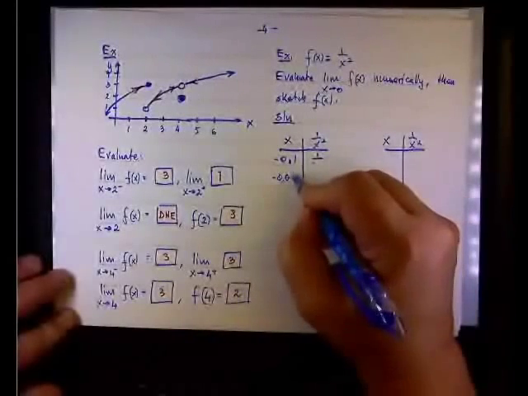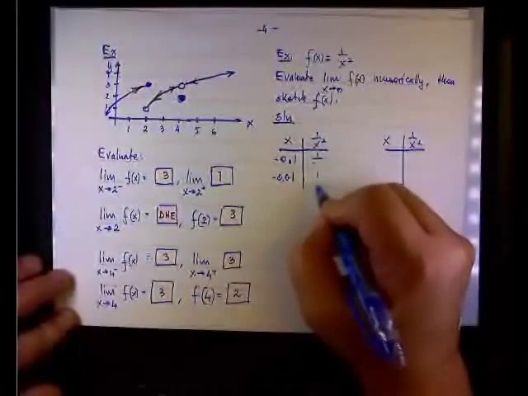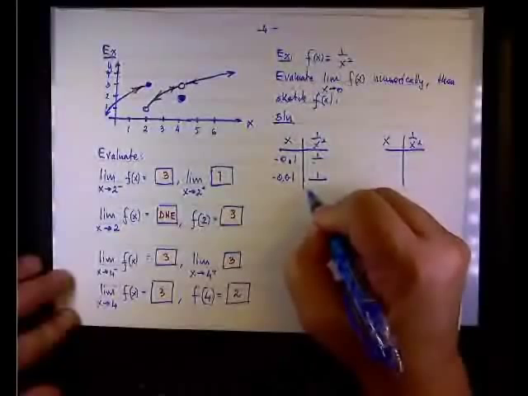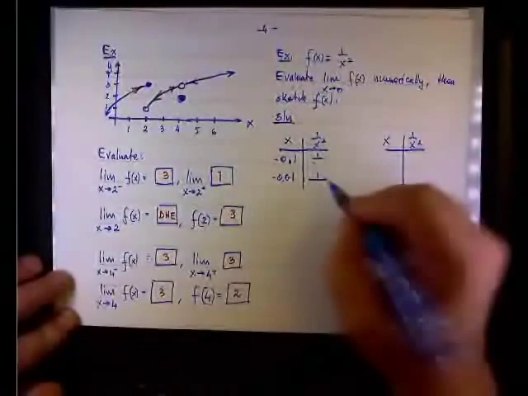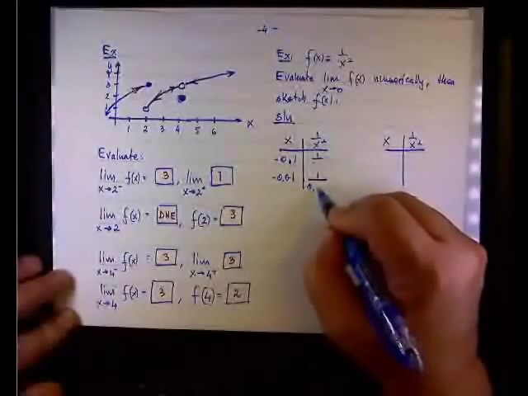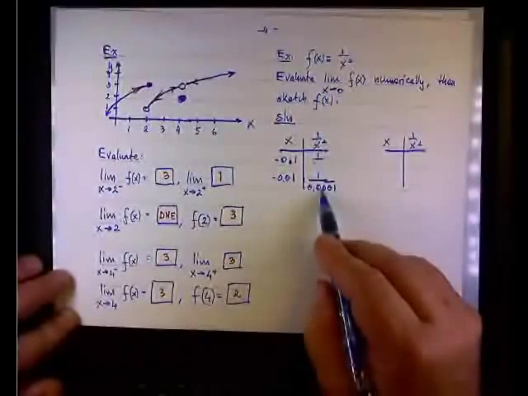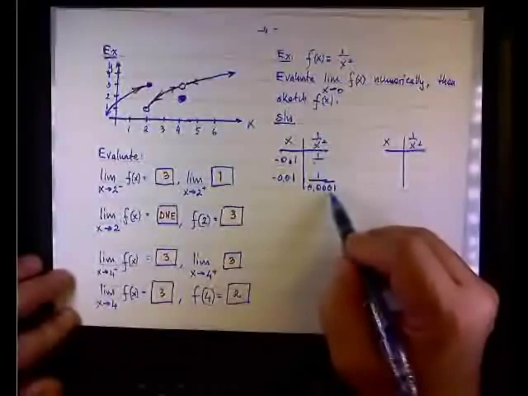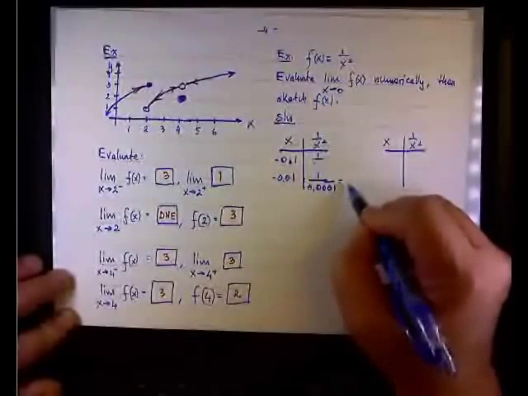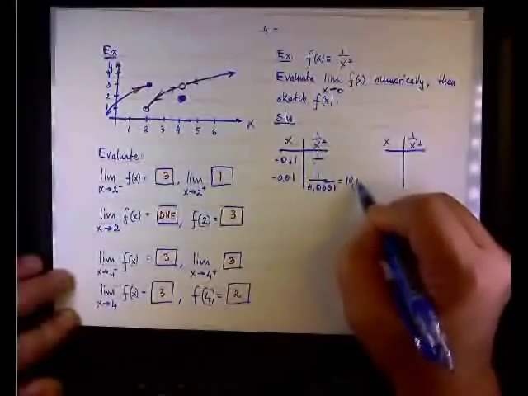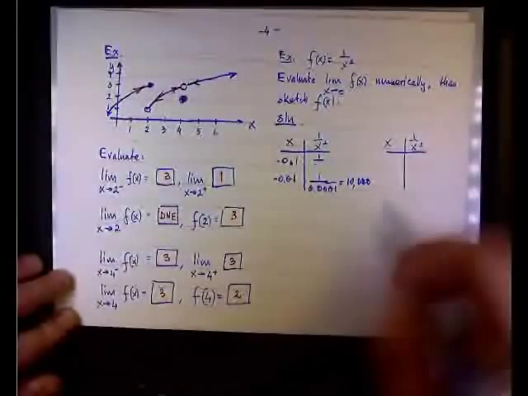Let's give it a second for the whiteout to dry up. Here we'll have, we square 0.01, we get 1 over 0.0001, 1 in the fourth decimal place, and this will be 10,000, a large number.